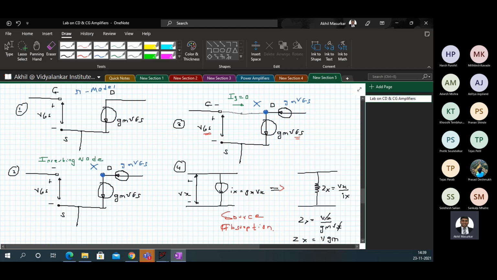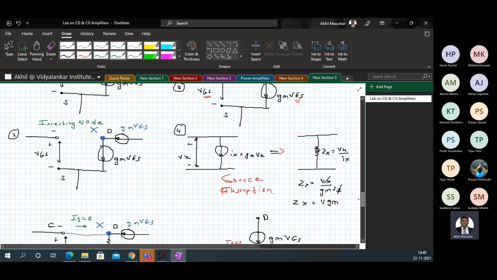Then you are adding the branch from G to X. So still the KCL is satisfied at this node. Incoming currents are IG and GM VGS. Outgoing current is this GM VGS. But IG is 0, so at this node we are not violating KCL.